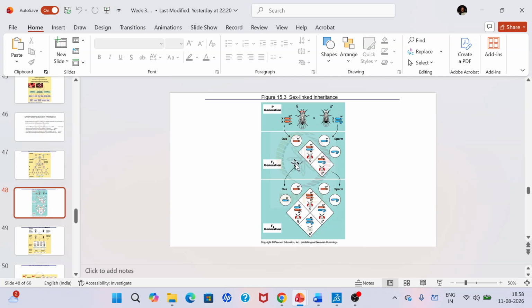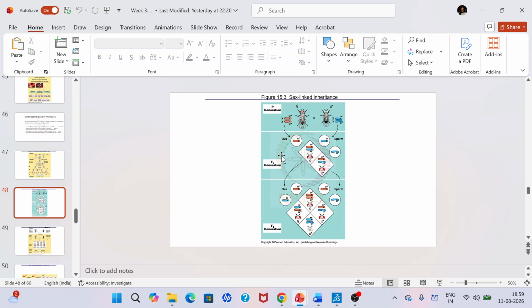Okay. So here it is for the eye color. Basically, red eye color is the dominant, wild type character and white eye color is the recessive character. So it is an X-linked gene. Basically, in sex-linked inheritance also it is an X-linked gene. So what will happen is ova will produce all gametes with the red eye character, because it is a homozygous dominant situation.